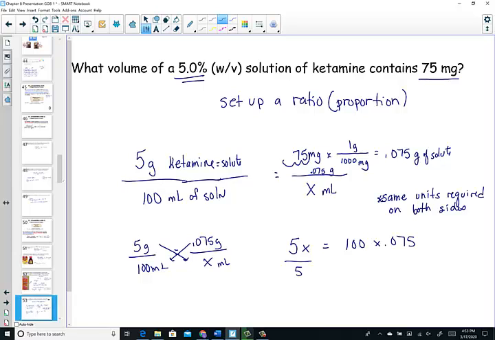You'll divide both sides by 5 and isolate x. The key sequence: 100 times 0.075 divided by 5. And I get 1.5, and the unit that we come out with is a milliliter, since we had a milliliter on this side. Excellent work.